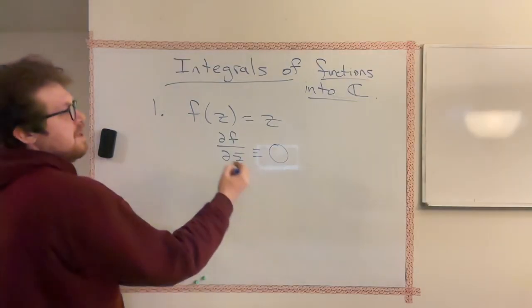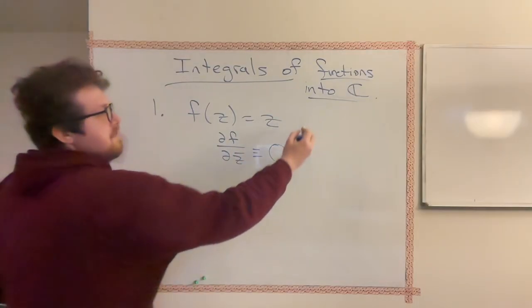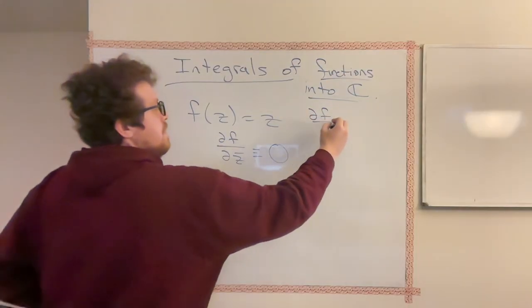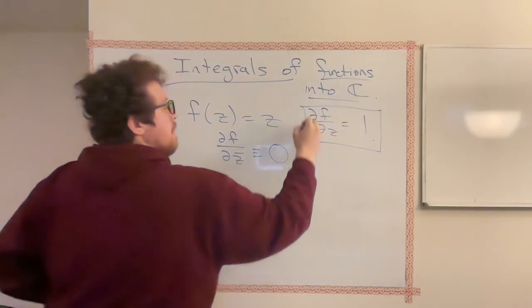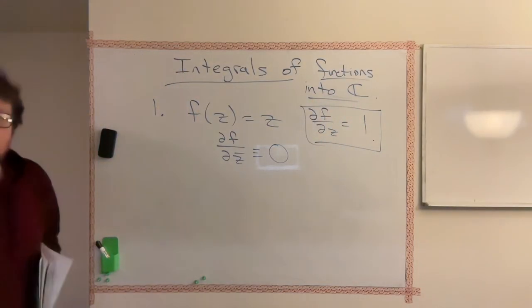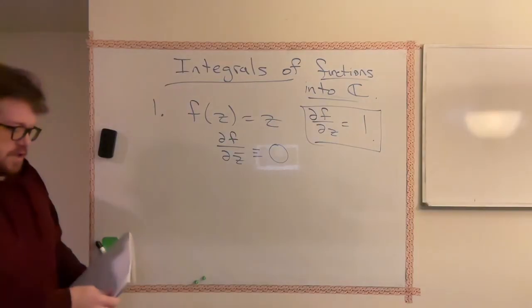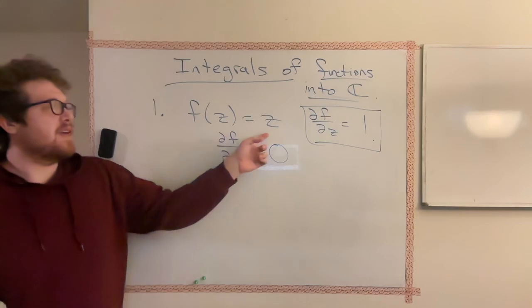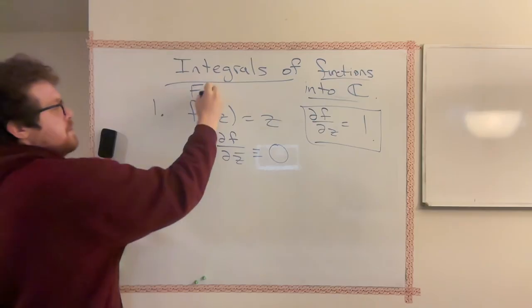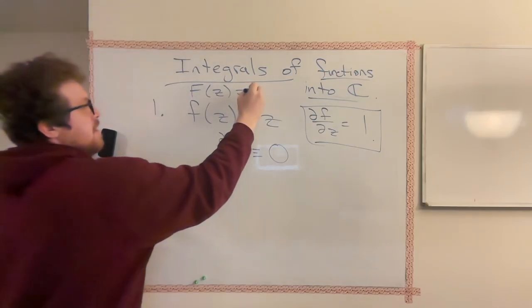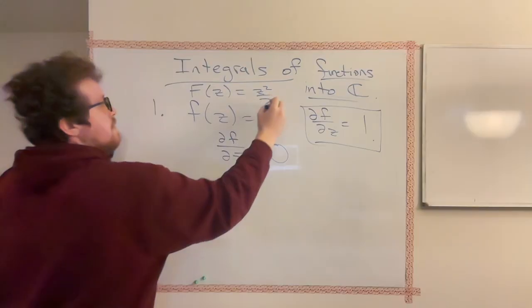And it has a holomorphic derivative. The derivative is just 1, right? So yeah, since this function has an antiderivative, also a function capital F of z, which is z squared over 2, right?